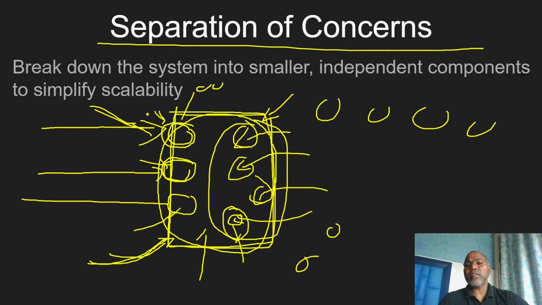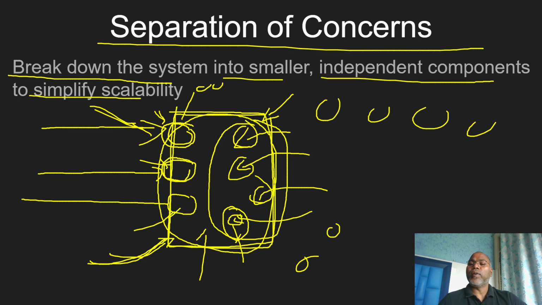This principle says: break down your system into smaller independent components to simplify scalability. This is the key feature of scalability. You are building your system for a very small use case and independent modules. There is no dependency between them, which means one module can run on one server and another module can run on another server.